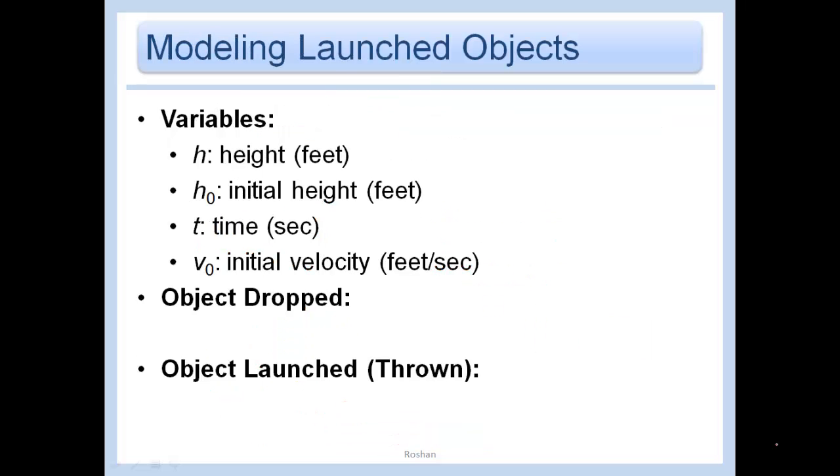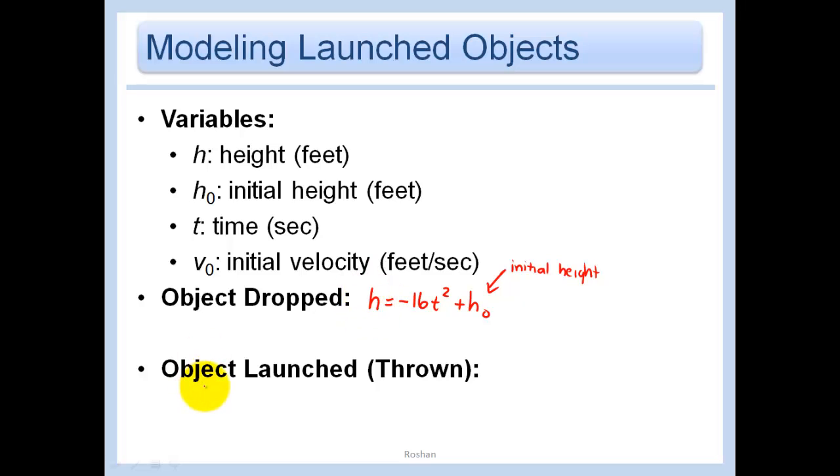Now, we modeled an object that was just being dropped from a height before, and we said that the height was equal to negative 16t squared plus h naught, where h naught is the initial height, which I labeled here. And this has to be in feet, and the velocity has to be in feet per second for this equation to work. And again, that's because of gravity.